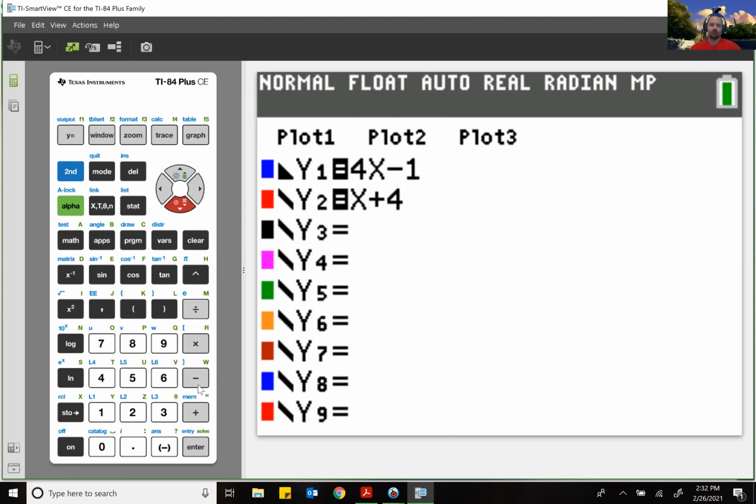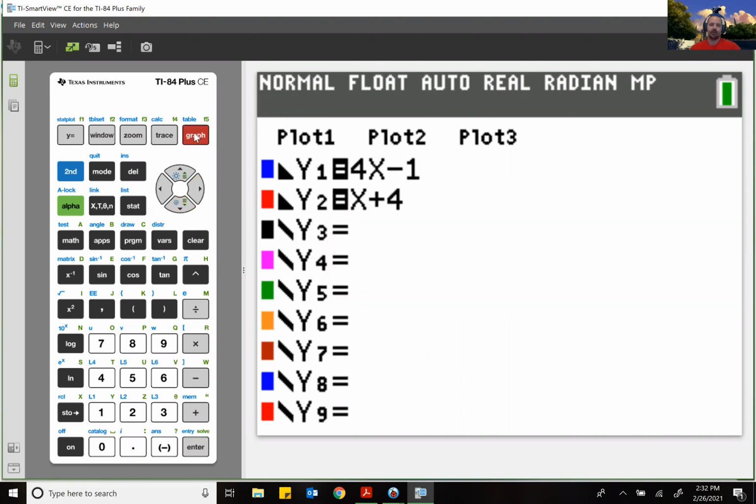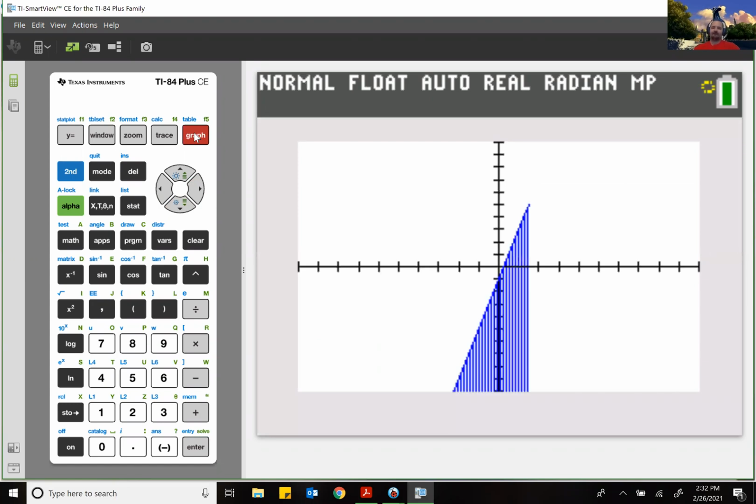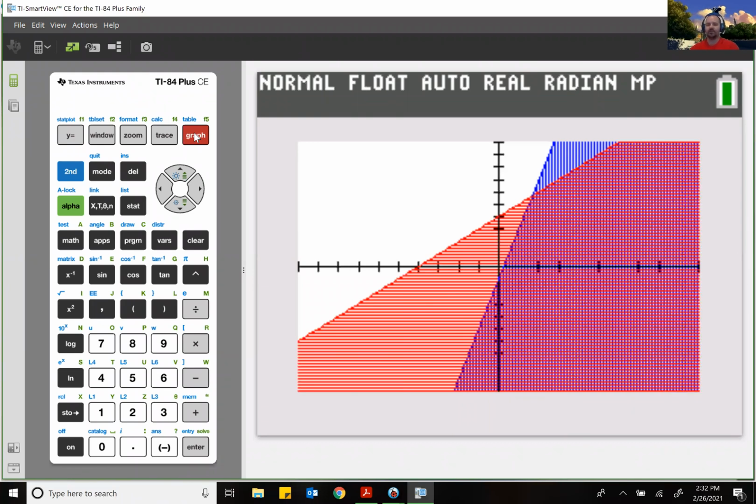Scroll down. Enter. Bottom triangle. And now I hit graph. So I'm looking for where the shading is together. That's where we want to put the paint bucket. So where is it that red and blue overlap and it looks purple?